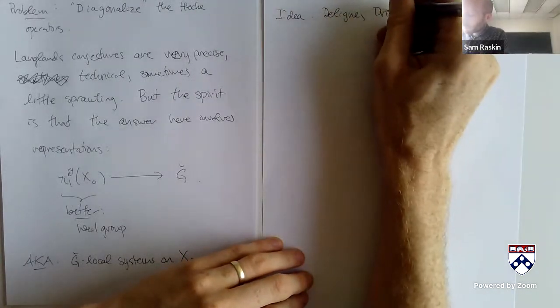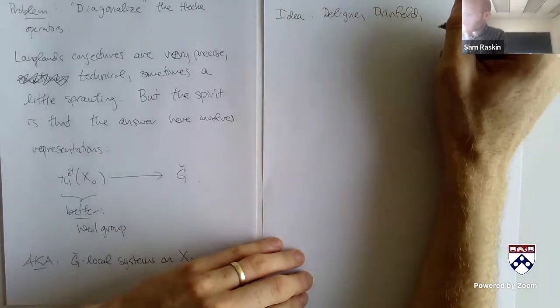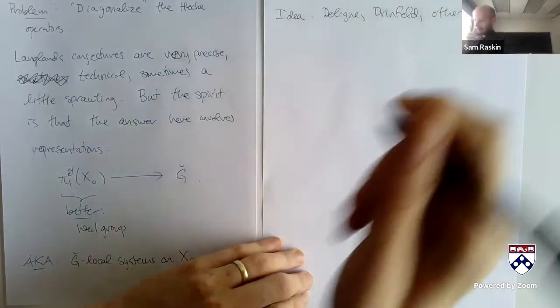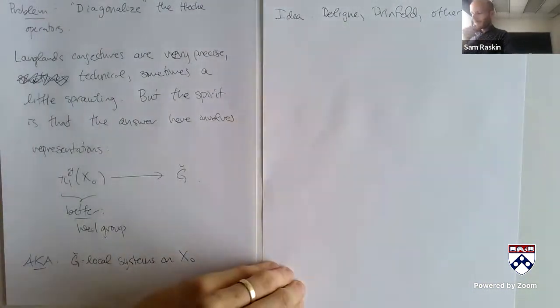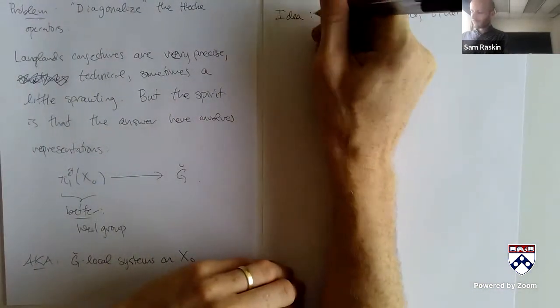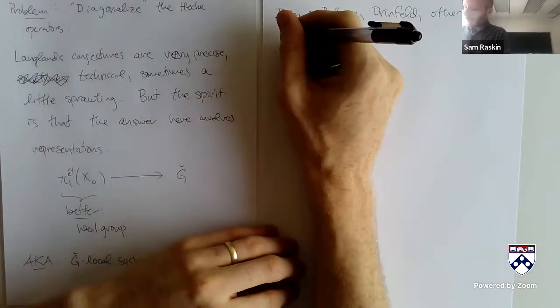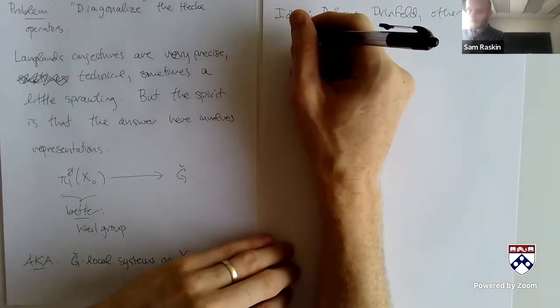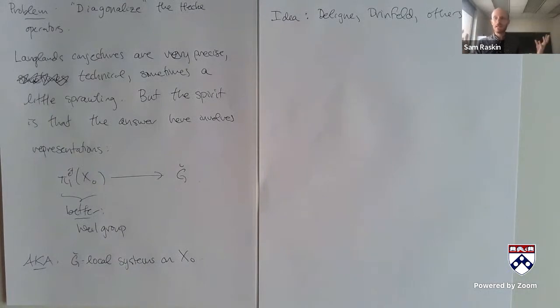Beilinson and Drinfeld and many others, especially in the classical case of the group GL1, which is that a lot of the objects we're seeing here involve the geometry of curves. We see the fundamental group of a curve, and we see G-bundles on curves.